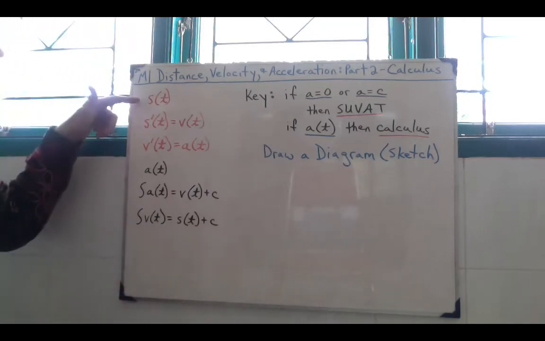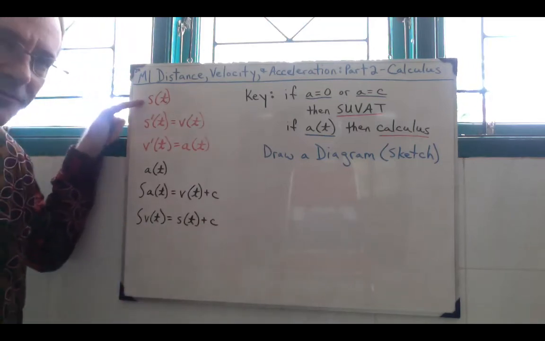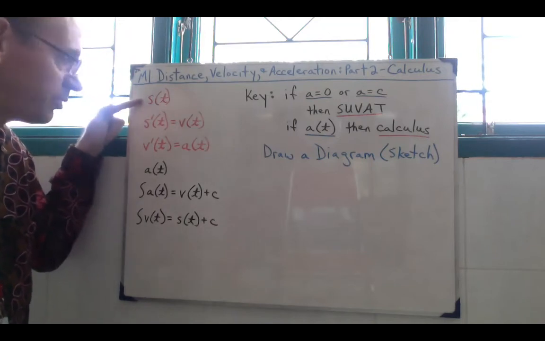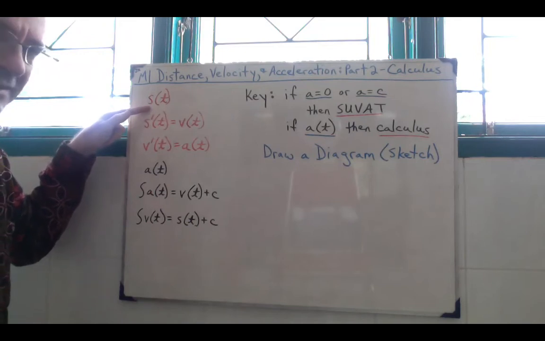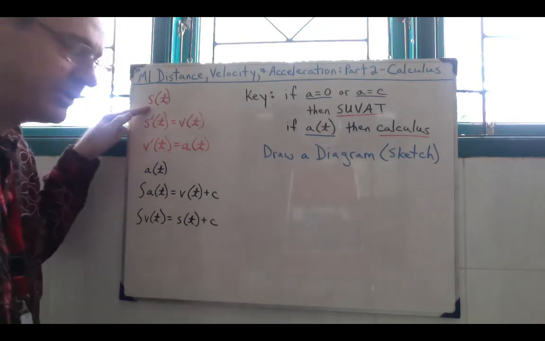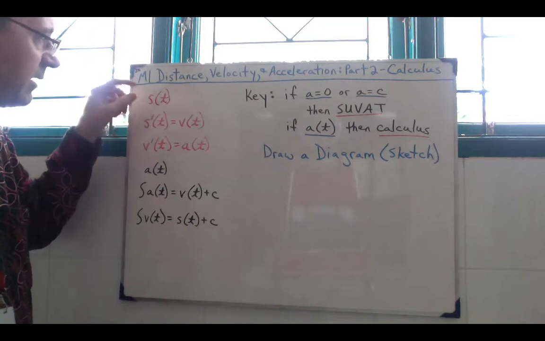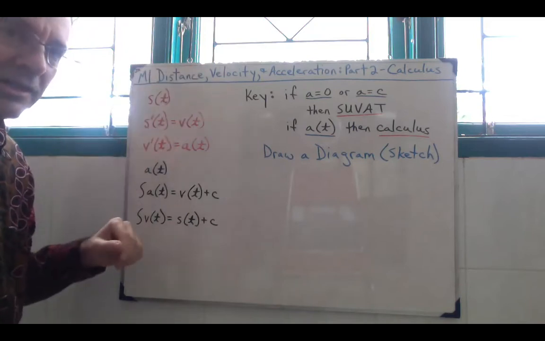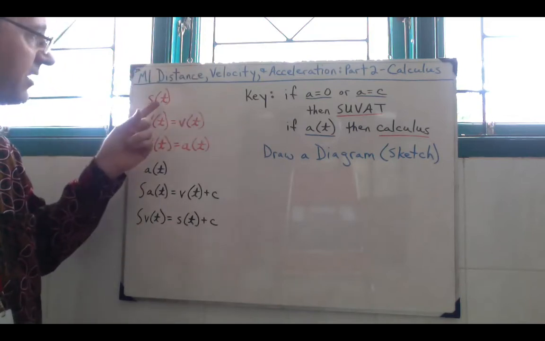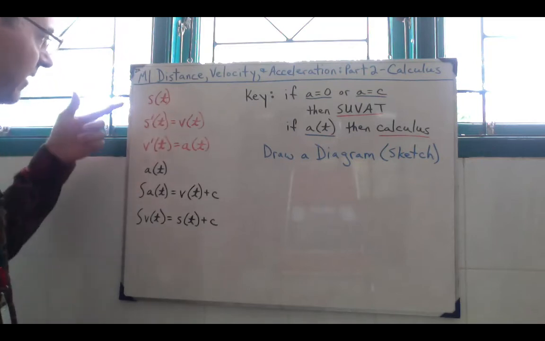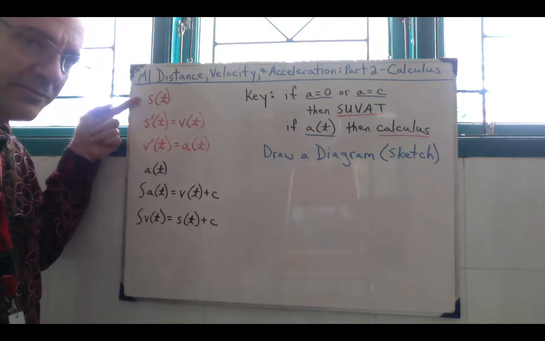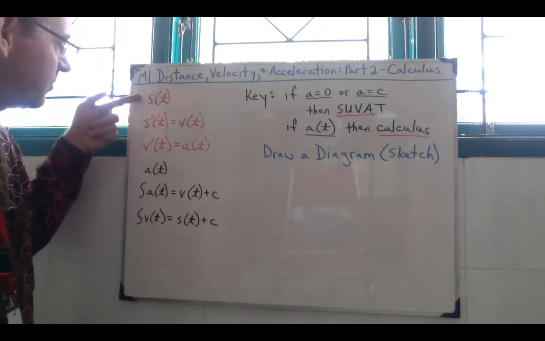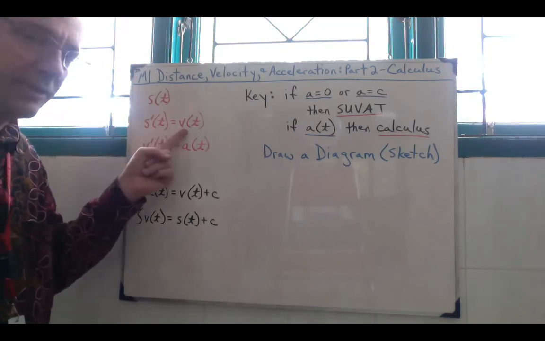So if you start with a position function or your displacement function, we use the little letter s to represent displacement in terms of time. So this is going to be an equation, your displacement as a function of time. And if you differentiate that, the derivative of the displacement is velocity.